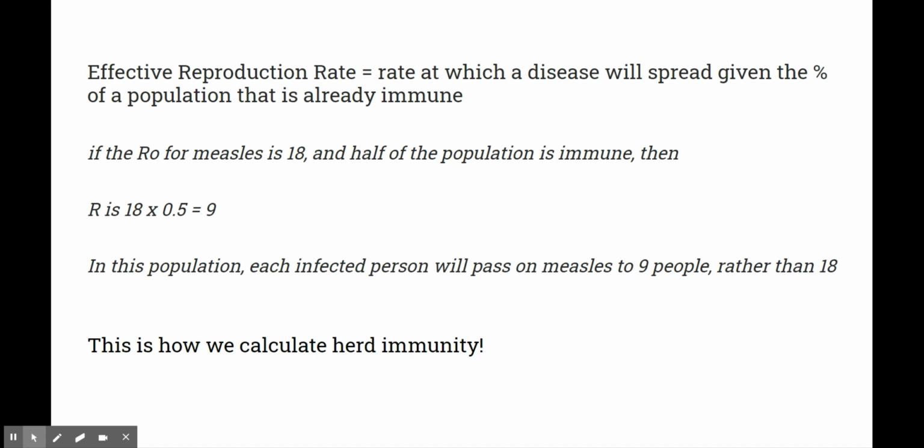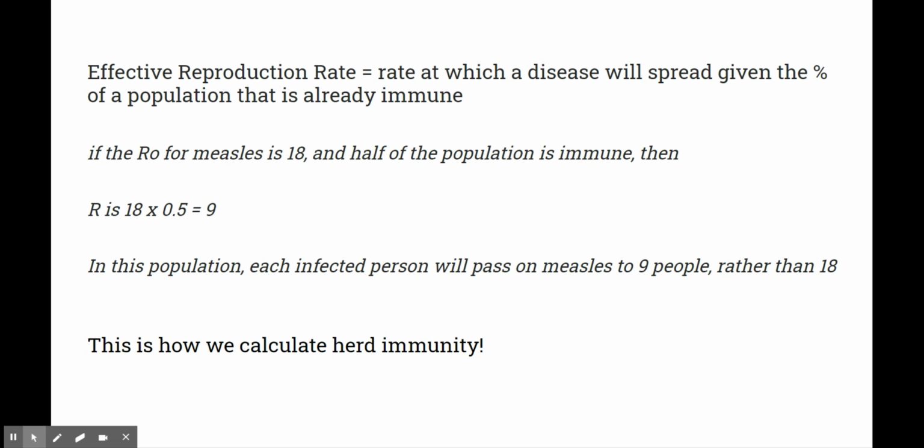But this can change given how susceptible or how much herd immunity is built up in the population. So let's say that a disease like the measles that has an R naught of 18 starts to spread in a community. Let's say half the community was vaccinated against measles.